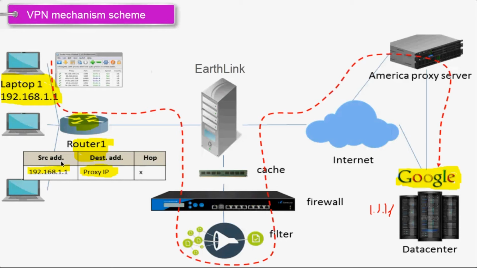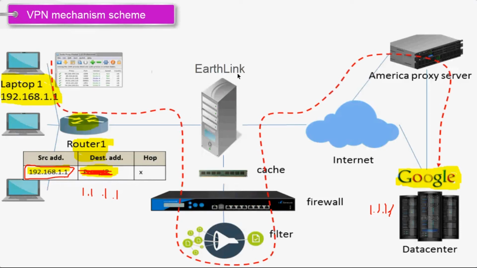In general, the source address is the PC address. The destination address is 1.1.1.1. And this is the hop count for the router. The people who work on networks know this: how many hops between router and router. So the main idea is the source and destination address.